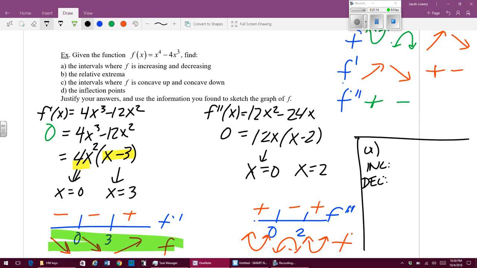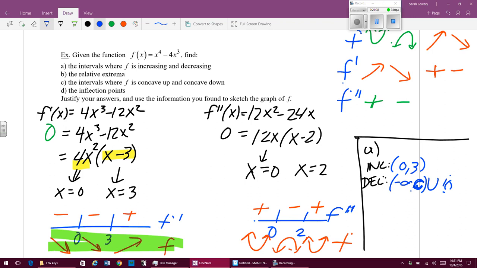So now I just have to put that into symbols. F is going to be decreasing to start out with. So from negative infinity to 0. And then it will increase from 0 to 3. And then decrease again.